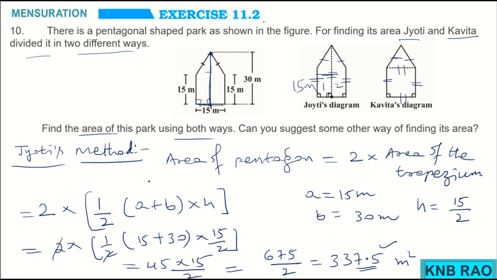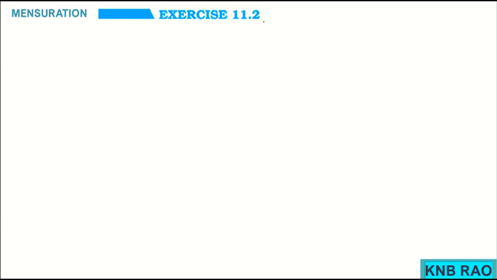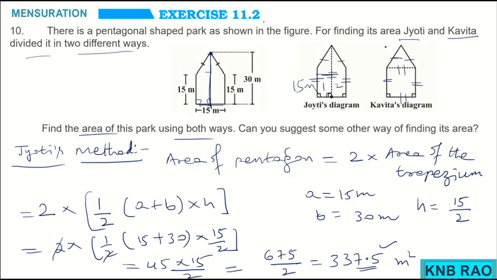Now let us go for Kavita's method. Moving on to Kavita's method. See, in Kavita's method we have got one square and another isosceles triangle, where in this isosceles triangle, from the common vertex of equal sides we have dropped a median, or a perpendicular.